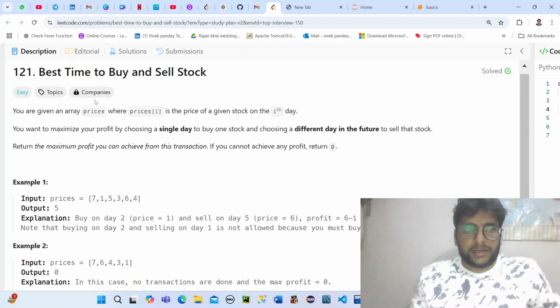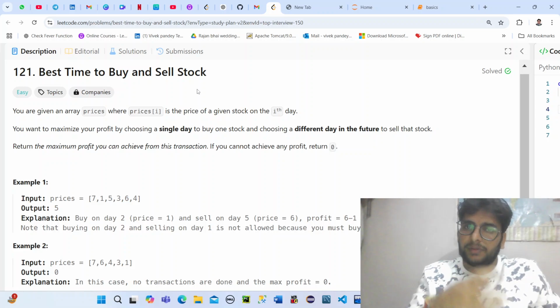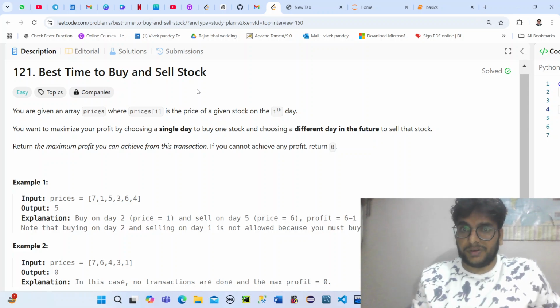Now, 121, Best Time to Buy and Sell Stock. So it is talking about when we have to purchase and when we have to sell. Obviously when there is a purchase and sell, we need to understand that it is talking about profit or loss.